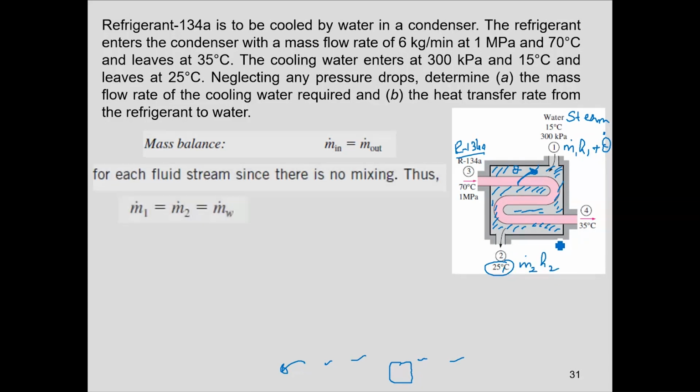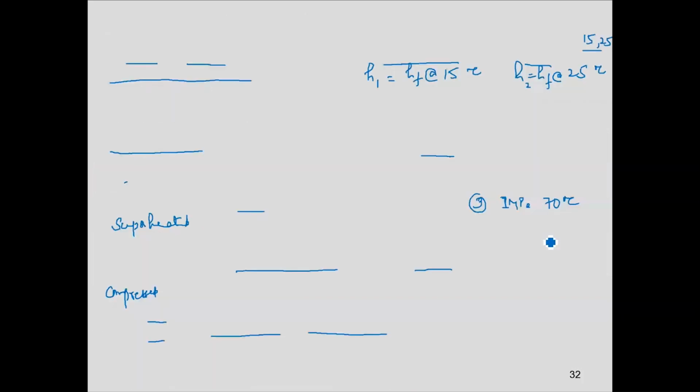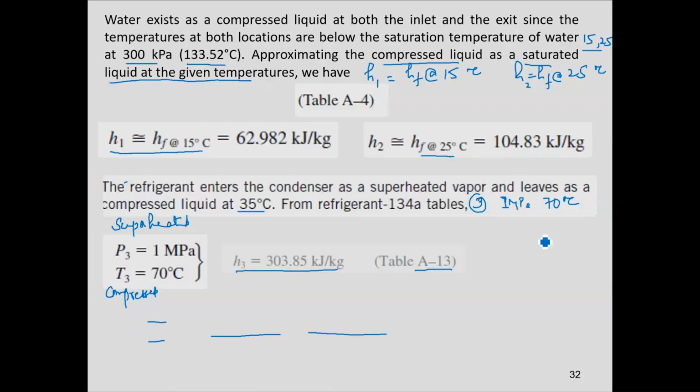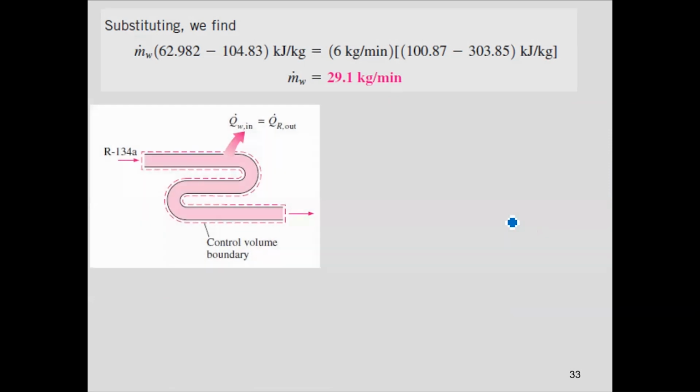So you'll have a modified equation, where you have Q dot W into the system. This is the energy being supplied to the water, which is essentially the same thing as Q dot R out of the system, the heat lost by the refrigerant.